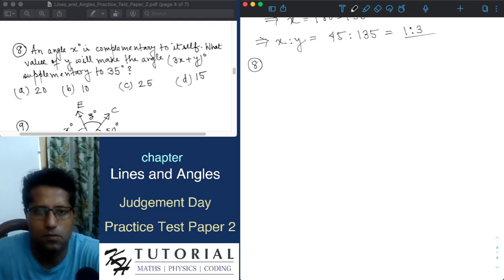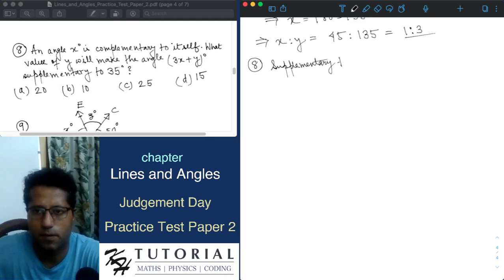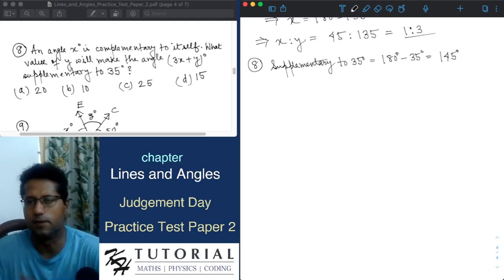Now, supplementary to 35 degree is equal to 180 degree minus 35 degree, which is 145 degree.